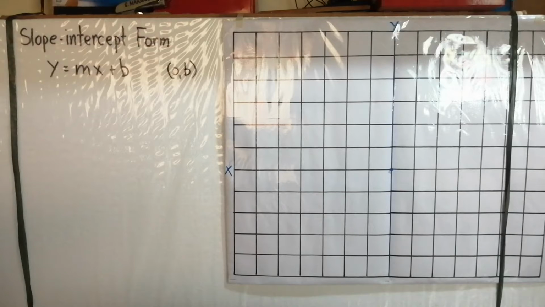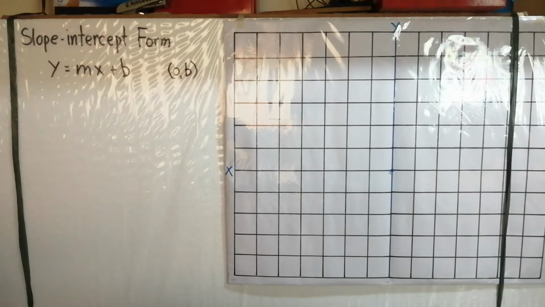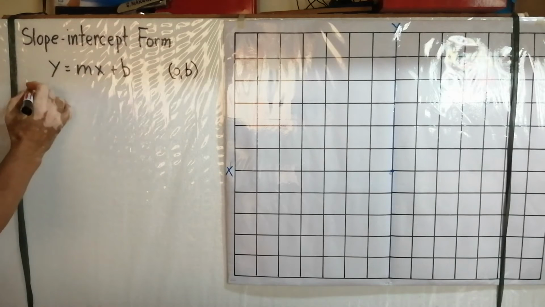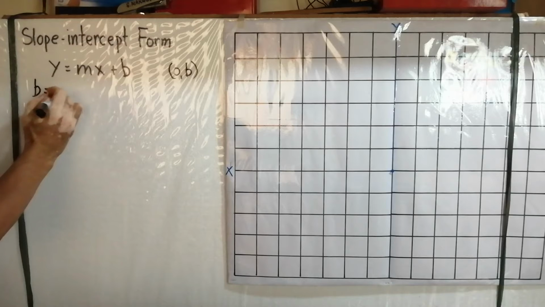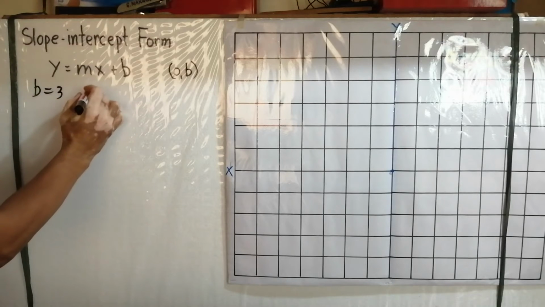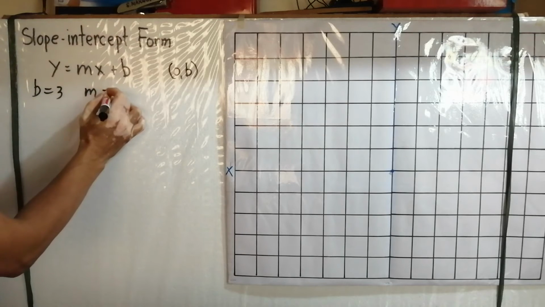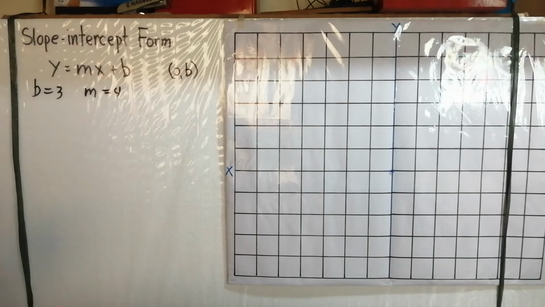So in here, there must be a slope again and a y-intercept. Supposing given here is b equals 3 and m equals 4.